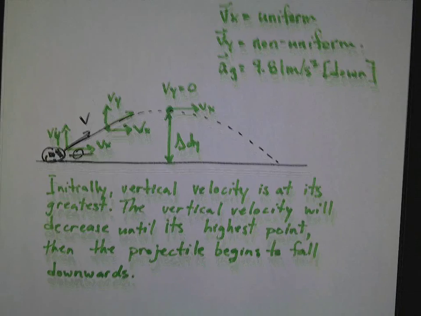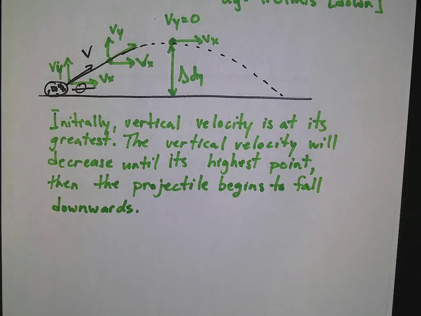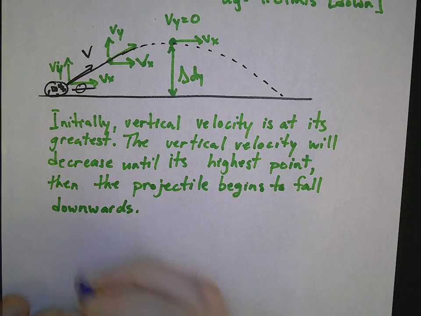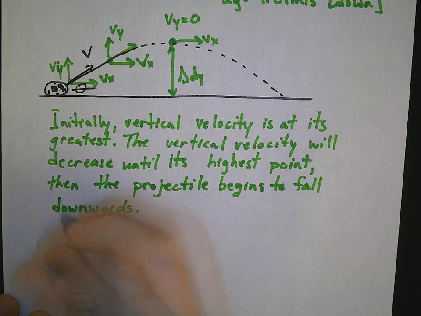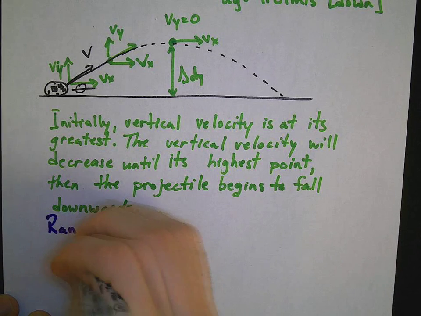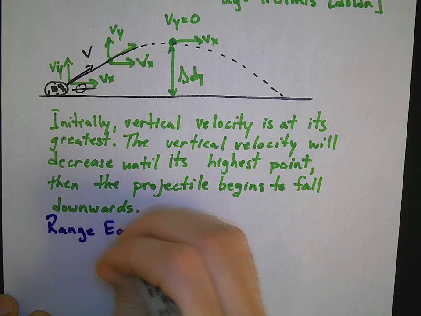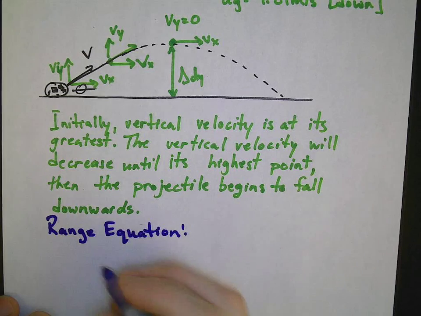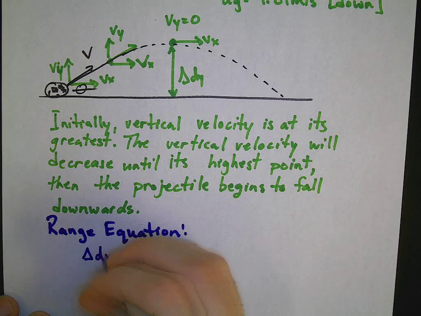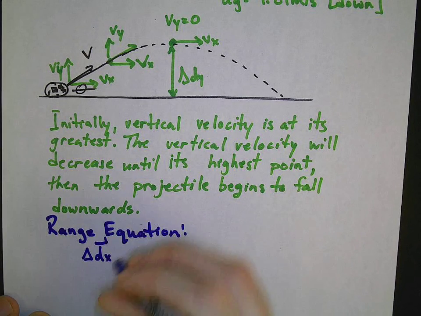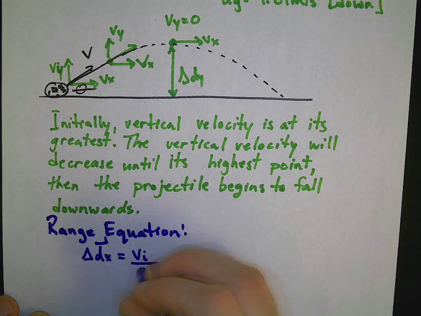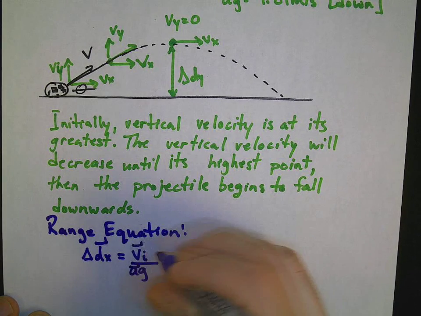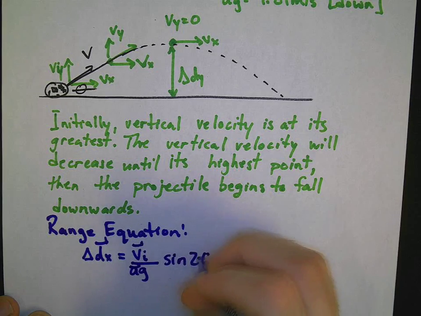When this occurs, when our projectile lands in the same spot, we can use our range equation, which tells us that our displacement in the x direction is simply our initial velocity squared over the acceleration due to gravity, times sine 2 theta.